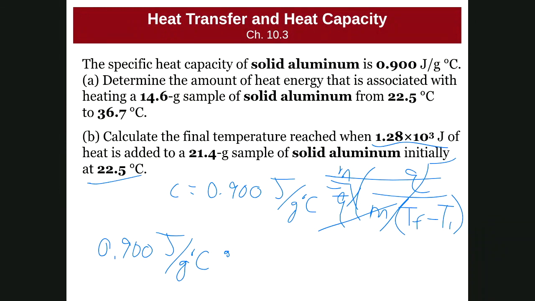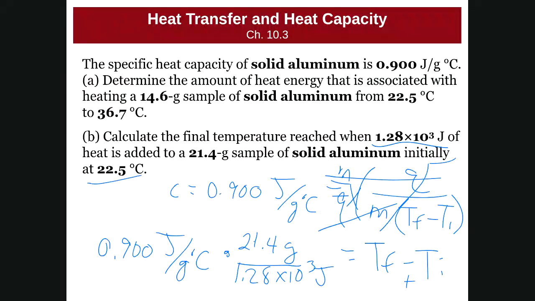So 21.4 grams over our 1.28 times 10 to the third joules, which was our Q. And that is going to be equal to T final minus T initial. So we just have to add T initial to the other side to get T final by itself. I'm going to do that multiplication first and then add our T initial.